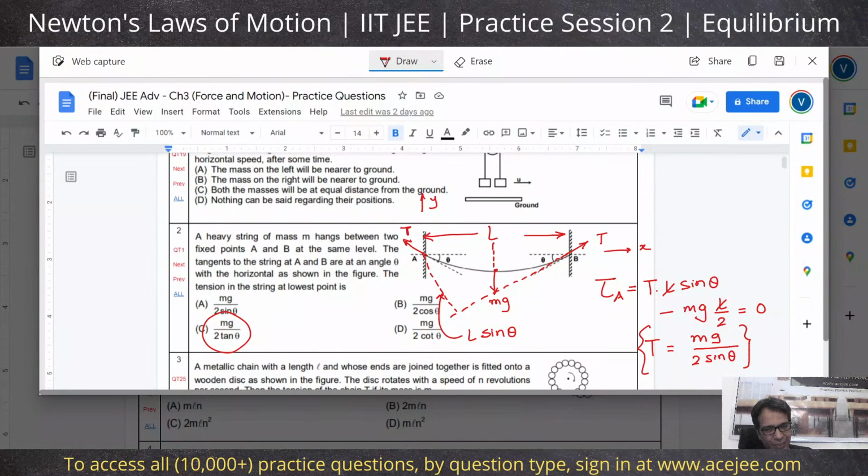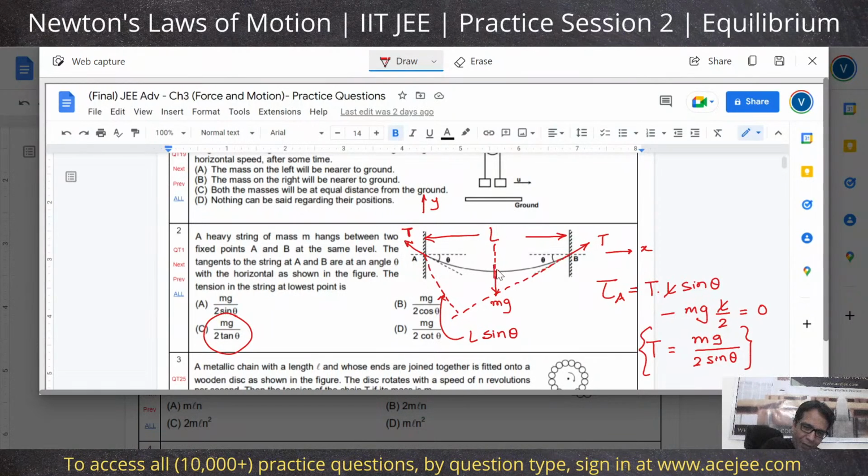I found the tension T at the top. Ruchika, sorry, I forgot what the question is asking here. Beta, then this will be T. Let me call this T dash, which is going to be horizontal.